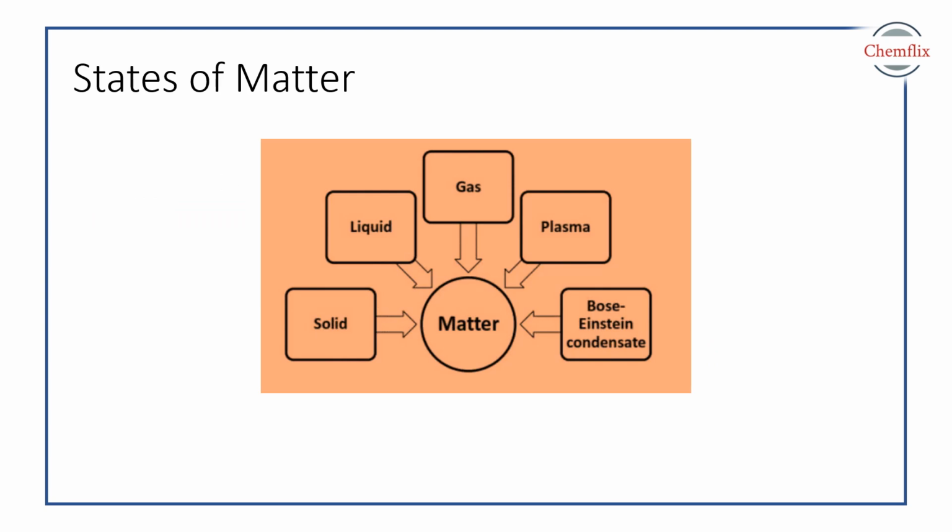Now we are moving to the different states of matter. Gas is one phase of matter, then liquid, solid. The fourth state of matter is plasma. The fifth state of matter is Bose-Einstein condensate.